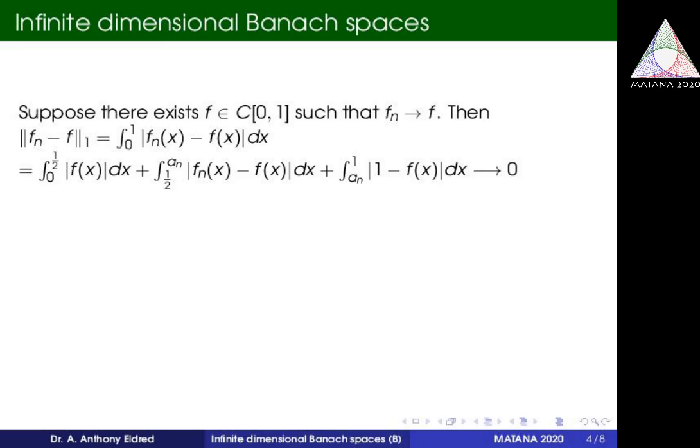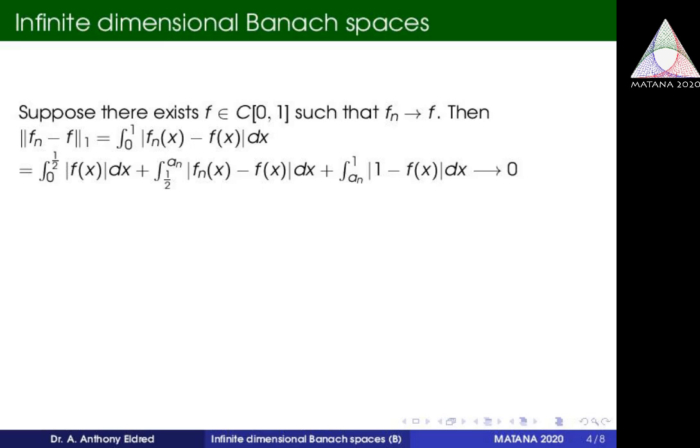So since we know the values of fn of x, we can substitute them in the respective integrals, but we do not know what values f of x is going to take, so we keep f of x as it is. Now if fn converges to f, all the integrals should be 0, and all the integrals contain positive integrands, because we have modulus of f of x in the first term, modulus of fn of x minus f of x in the second term, and modulus of 1 minus f of x in the third.